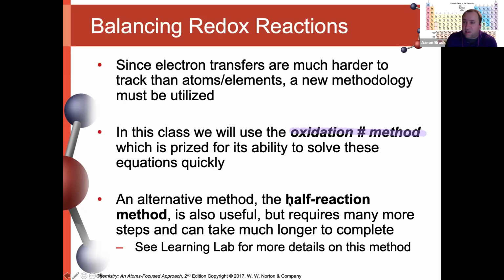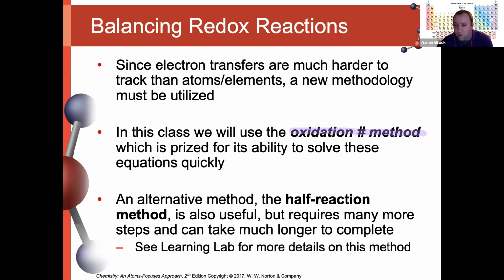Now, in the second half of today, we will talk about the half reaction method. You don't have access to the learning lab, so I'm going to take care of that myself. We'll take probably about half an hour or so at the end of today's lecture to talk about that. And the half reaction method does have some utility.